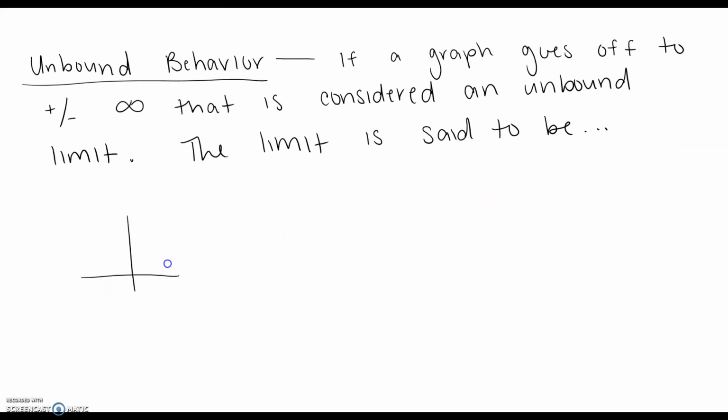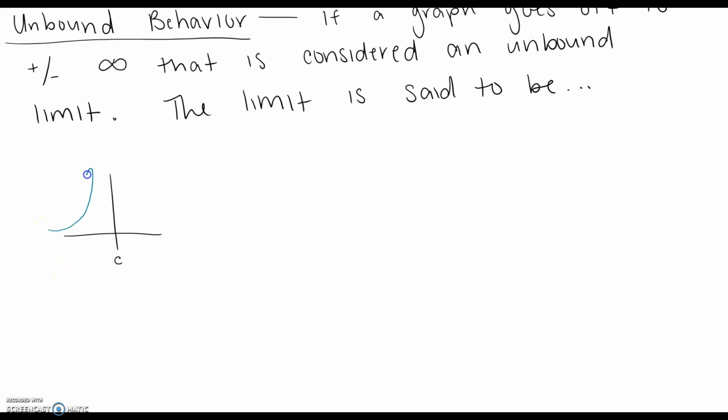So option 1, say this is an x value c, and our function looks like this, then this would be the limit as x approaches c of f of x. It would be going towards infinity, right?